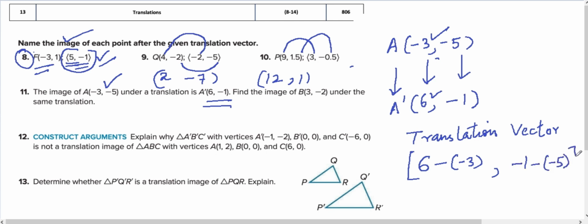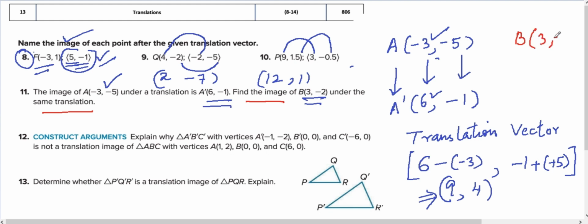Just subtract the coordinates. So this is 9, and minus minus is plus, so 5 minus 1 is 4. So this is my translation vector. Same operation I will apply for part B. They are saying apply the same operation, find the image under the same translation. So the translation vector is 9 and 4, which I will apply.